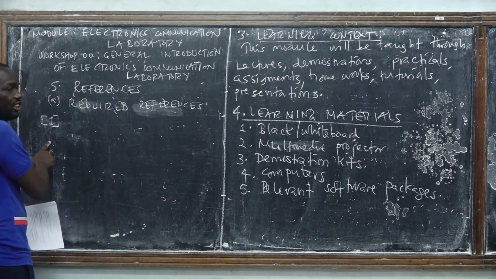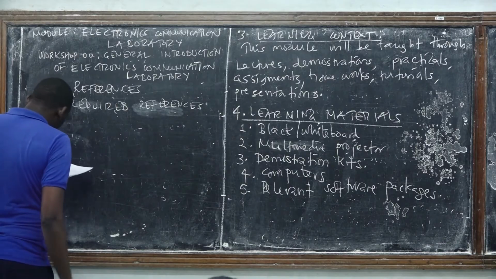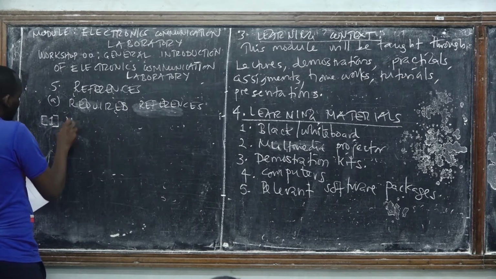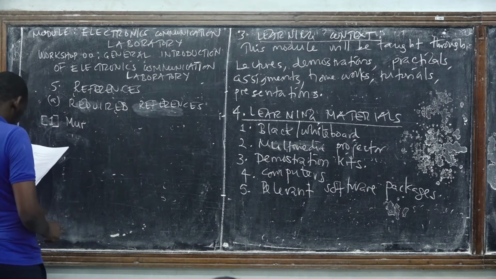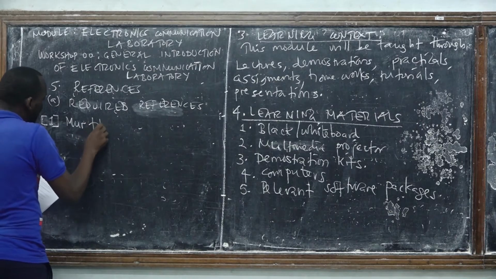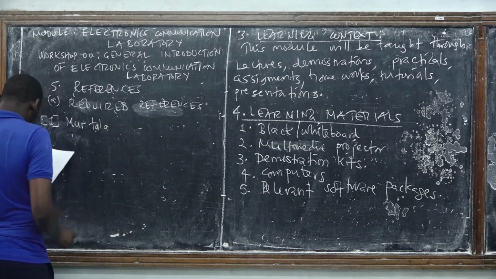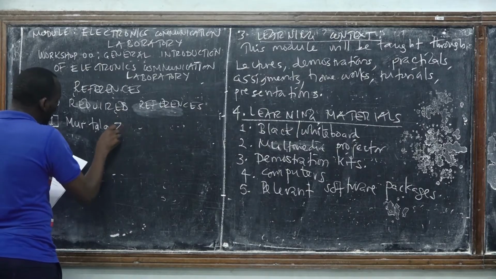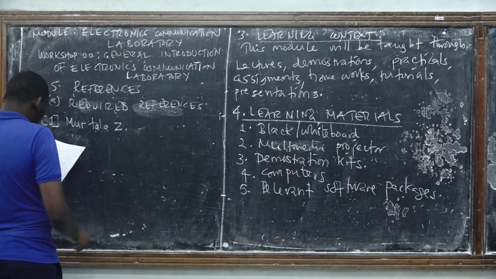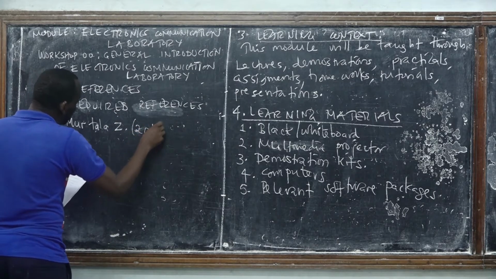So this is the first reference. In this style, this is the name of the writer or author. The author of this book is called Mutala. The year of publication is 2016.